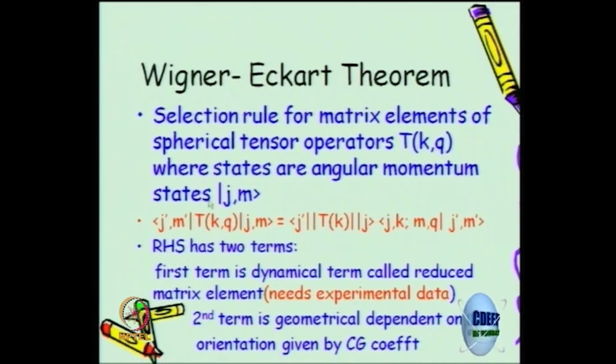If this was an irreducible tensor of rank 1, Q will be plus or minus 1 and 0. When you add an M to it, I need to get M prime, right? If I put M prime to be, let's say, M plus 3, it's going to be trivially 0.